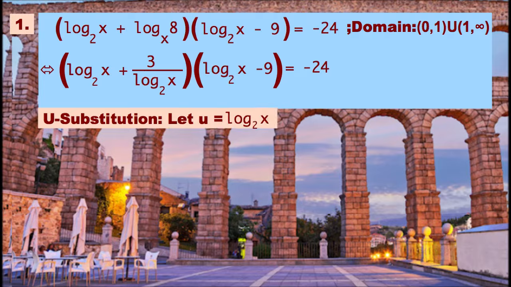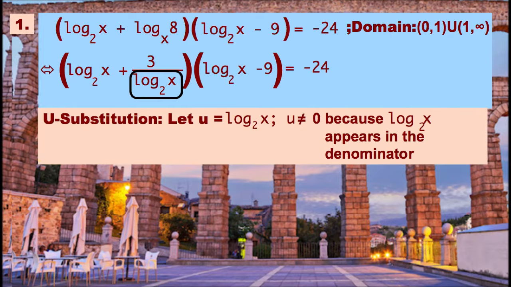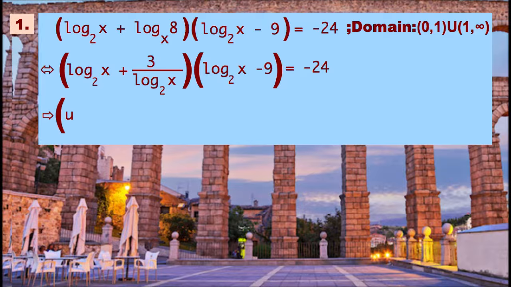Let u equal log base 2 of x. u does not equal 0, because log base 2 of x belongs in the denominator, and we can't have a 0 at the denominator. Thus, our equation becomes the quantity u plus 3 over u times the quantity u minus 9, which equals negative 24.